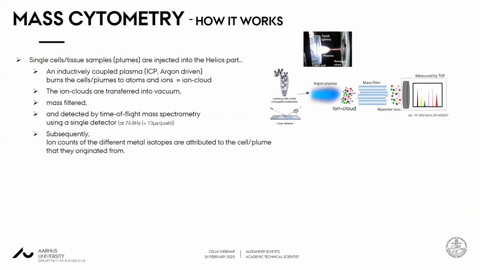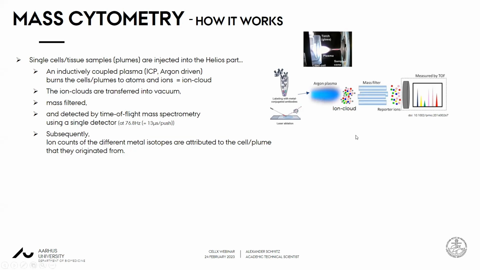So, how it works. As I said, single cells or tissue samples, also called plumes, are ejected into the Helios part. In the Helios, there is an inductively coupled plasma. So the cells are burned in this argon plasma to atoms and ions, resulting in an ion cloud that represents either a cell or a plume.